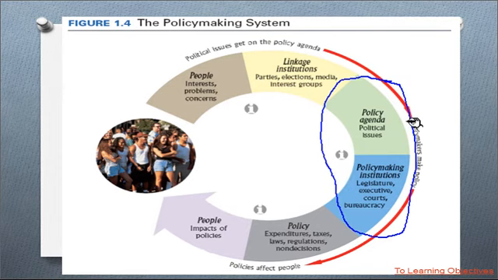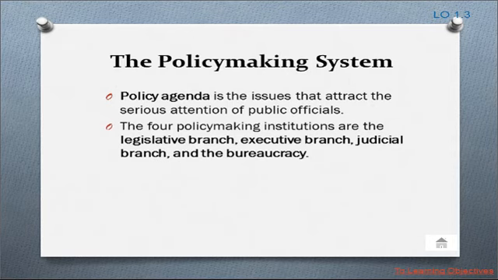You have to have your policy agenda, and then that goes to the policy-making institutions. Once an issue is on the policy agenda, who is responsible for addressing the problem? That would be the policy-making institutions. These institutions consist of the legislative, executive, and judicial branch, along with the bureaucracy.